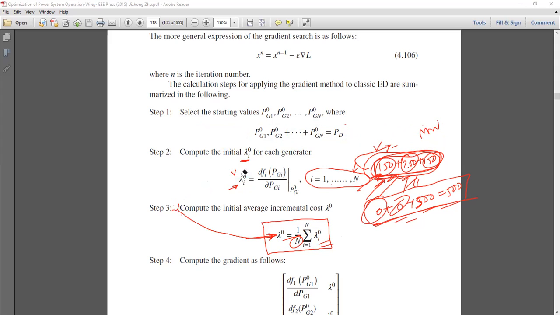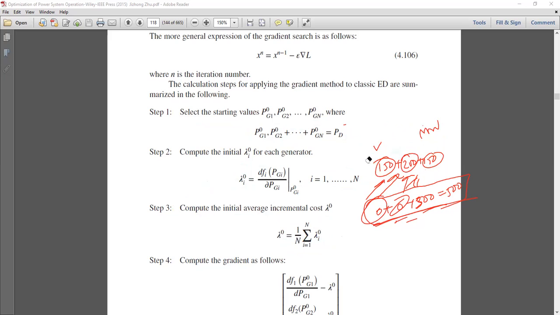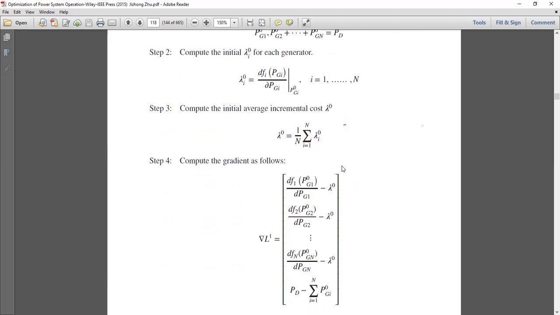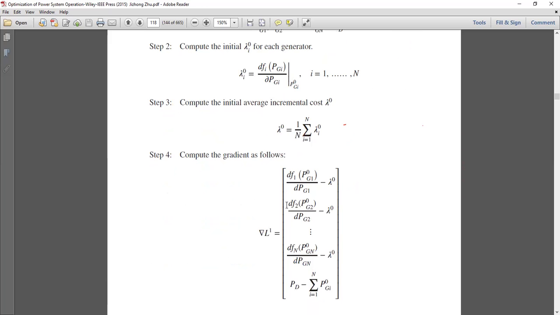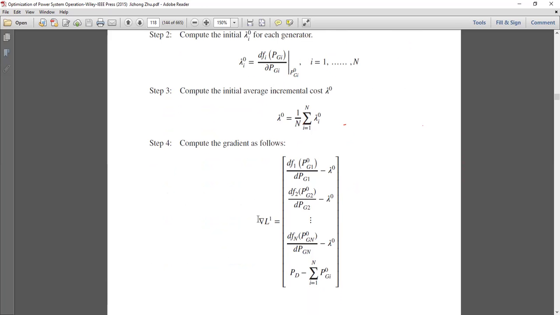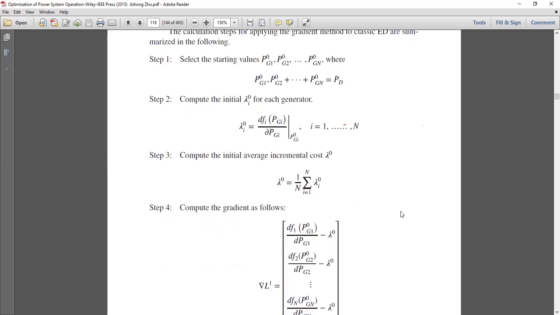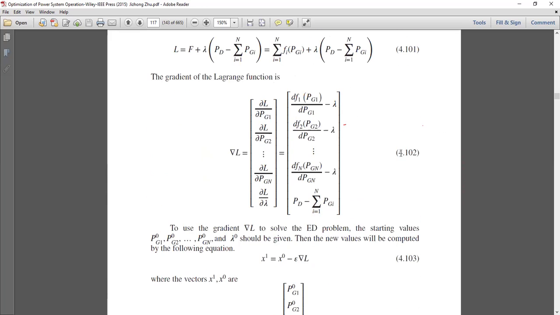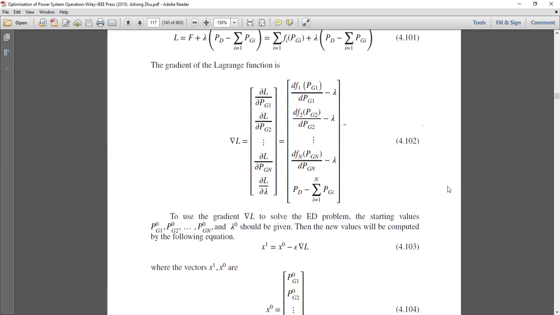Then we have the average lambda calculated, and lambda for each generating unit calculated. Initial values of PGs assumed. Now we are in a position to calculate the gradient, and this is taken as del L1. From where are we getting this? This is nothing but equation 4.102, which is already derived.